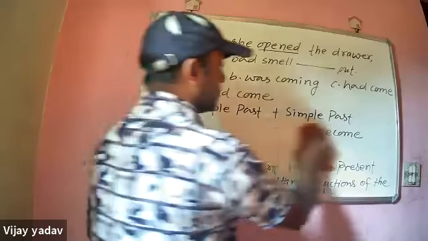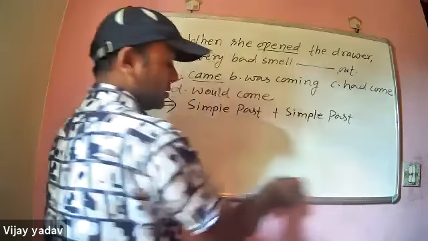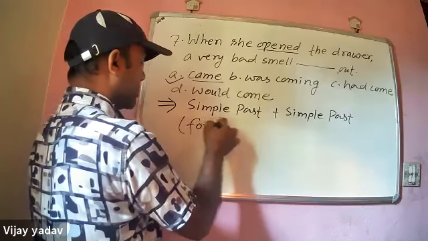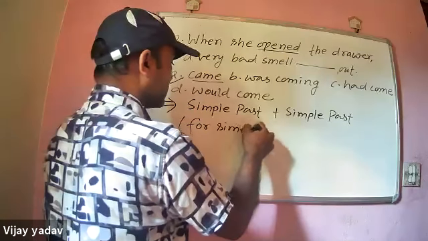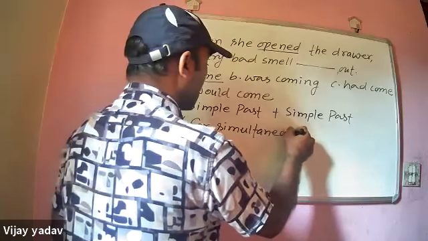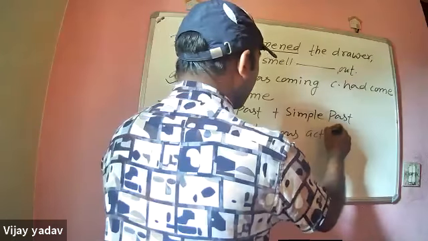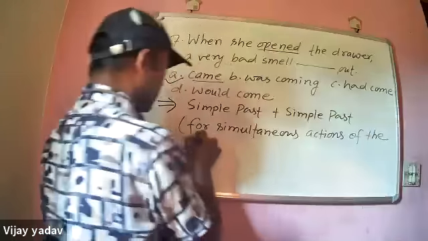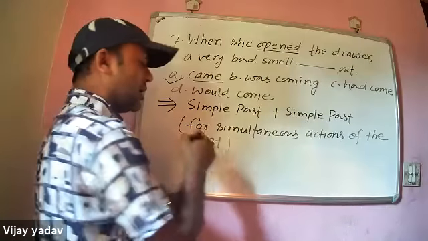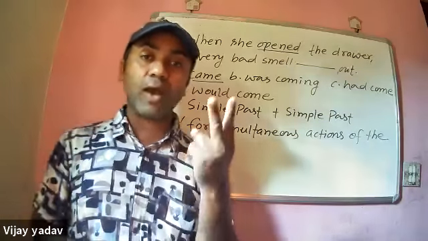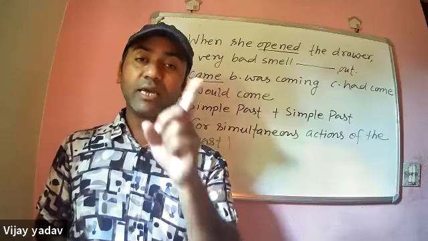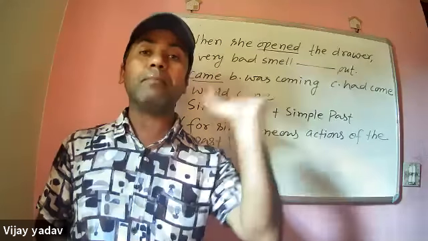So here you write down, for simultaneous actions of the past. It means if two actions happened at the same time in the past, then for both we use simple past.